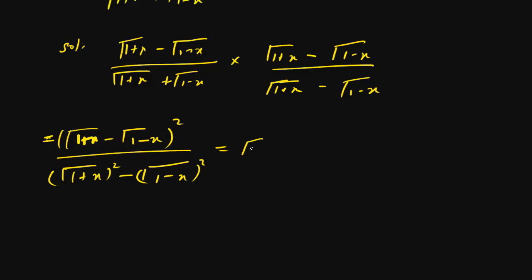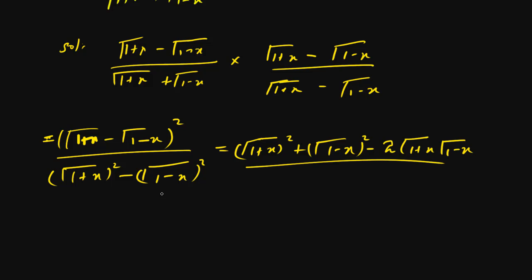Therefore we apply a minus b square: the square root of 1 plus x squared plus the square root of 1 minus x squared, minus 2 times the square root of 1 plus x times 1 minus x.